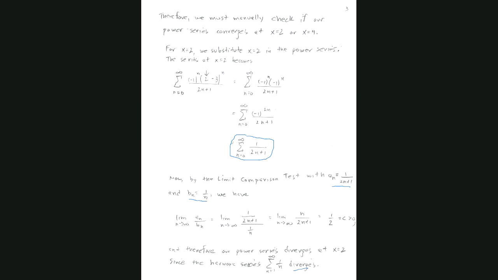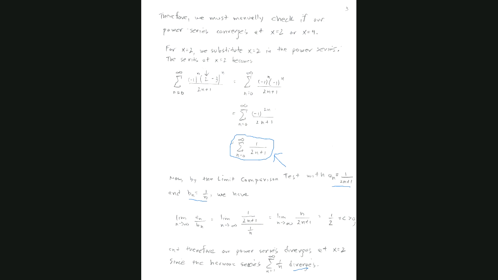Essentially, as n gets large, this series, the series n equals 0 to infinity, 1 over 2n plus 1, essentially behaves like 1/2 times the regular harmonic series.